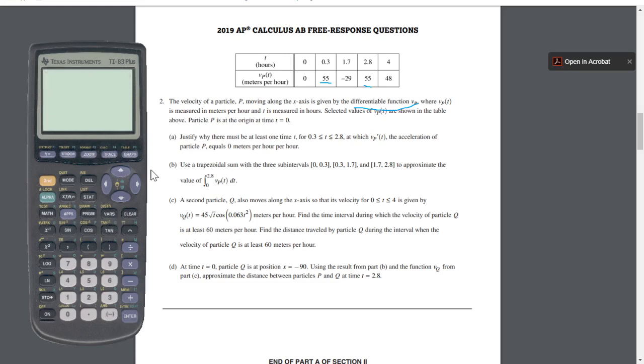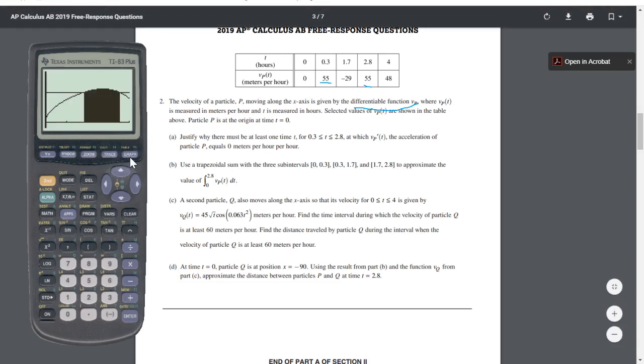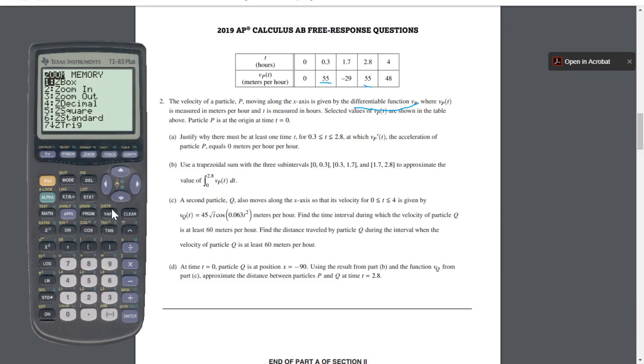Let's go to window. I don't know. Clear draw? Does that do anything? Okay, there we go. Integral.